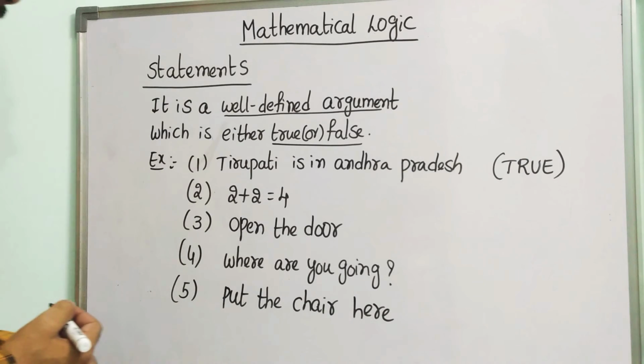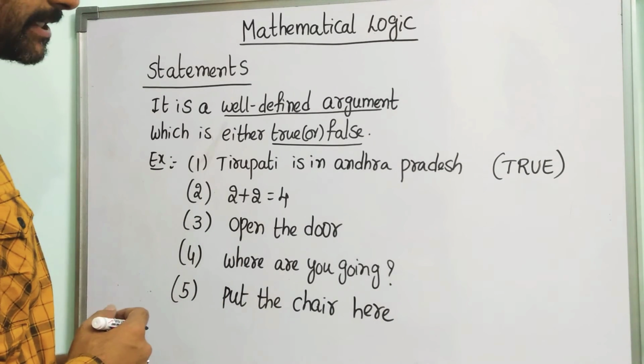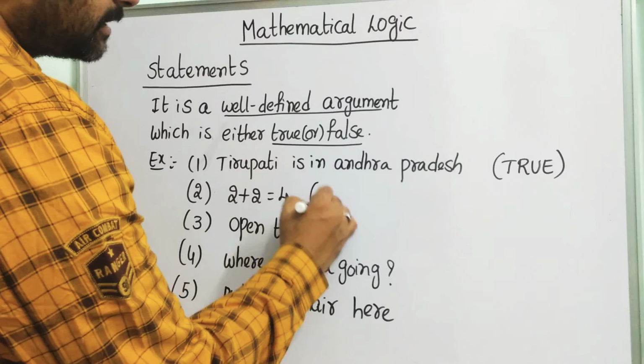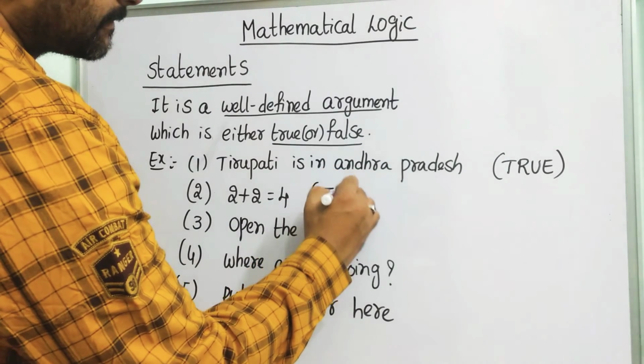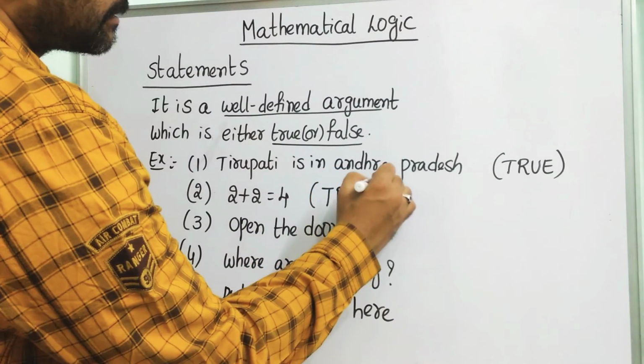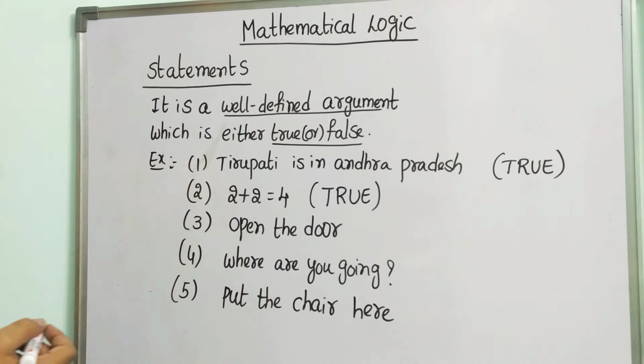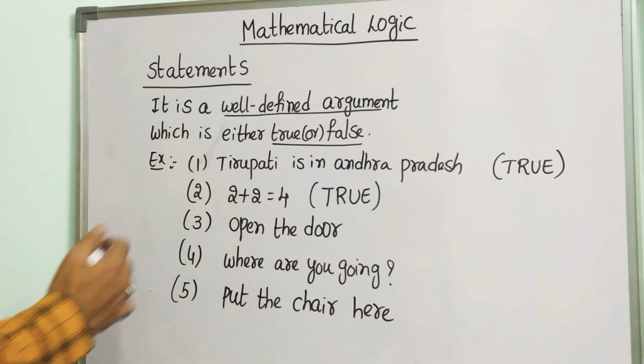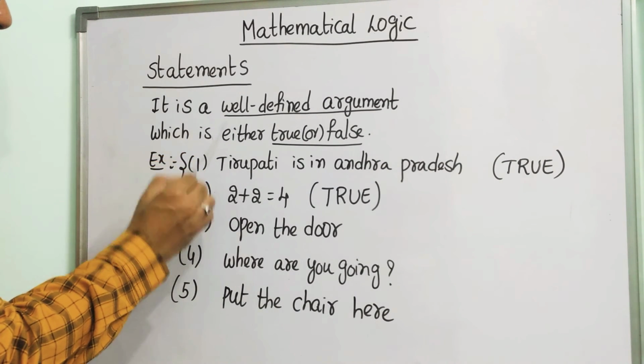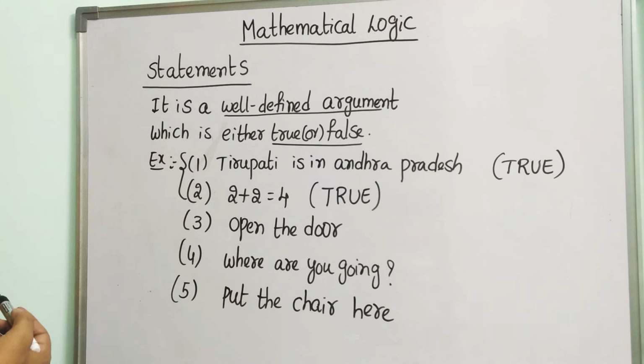Okay. And next, 2 plus 2 equal to 4. This is also valid and it is a true statement. So we can say both 1 and 2 are proper statements, okay, which fall under this category.